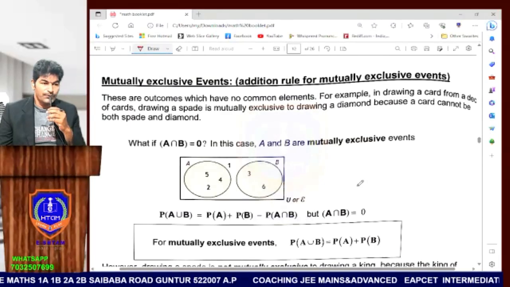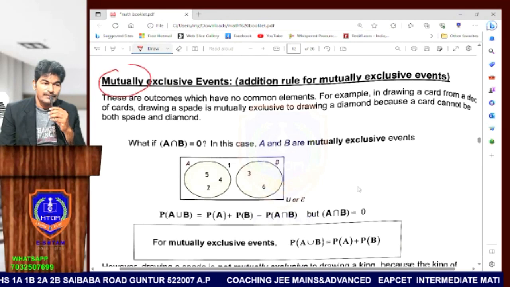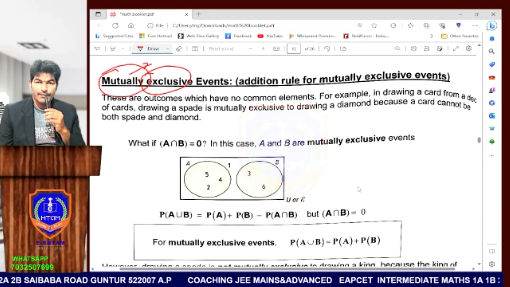Mutually exclusive events. Remember, mutually means they are happening in the same experiment or random experiment.